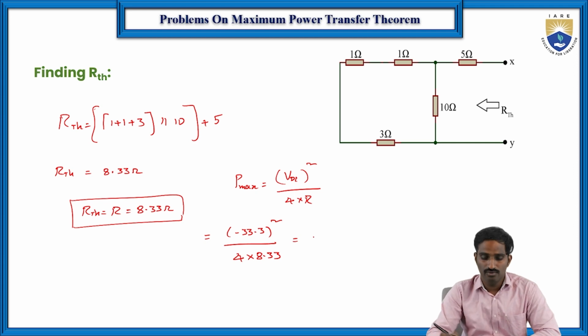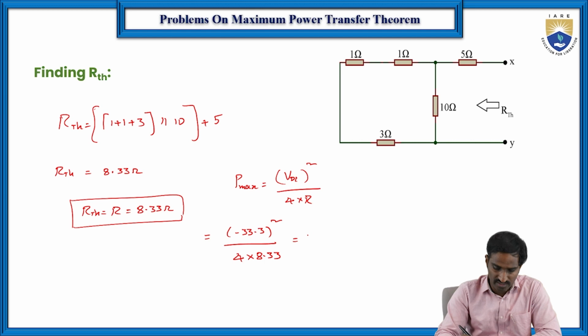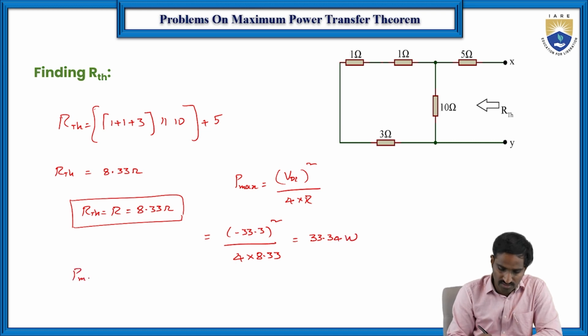Then if you calculate and simplify this, you will get the maximum power as 33.34 watts. So P maximum is equal to 33.34 watts.